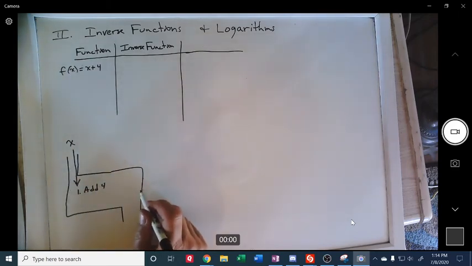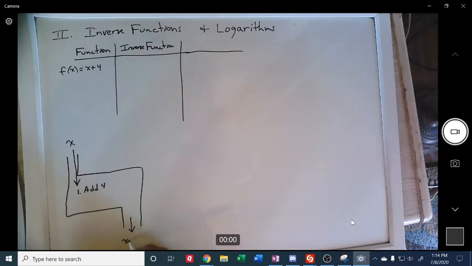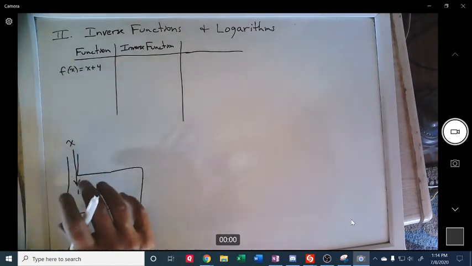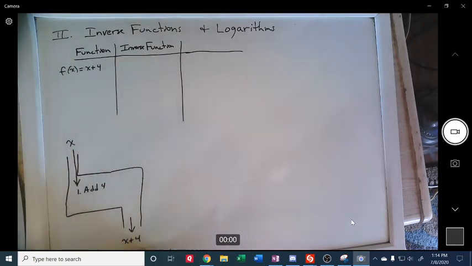So here's the function f. And then what comes out is x plus 4. So the function could be thought of as some input coming in, and the output is always going to be 4 bigger than the input. So if 10 went in, 14 comes out. You might think of this, in a real crude way, as if you put a length of something in, it lengthened it out and made it 4 units longer.